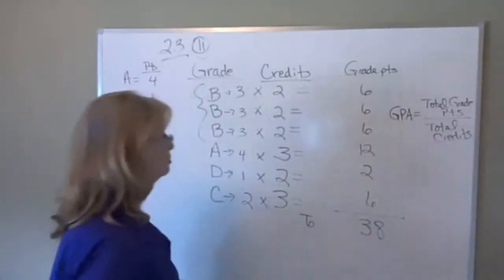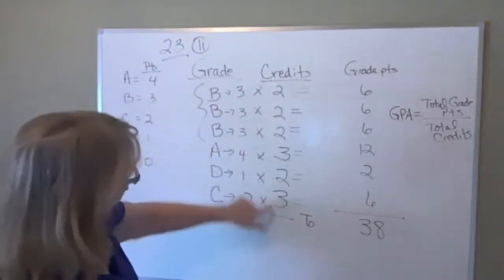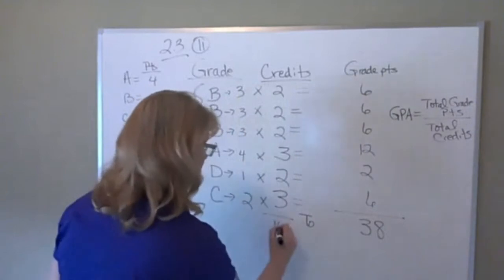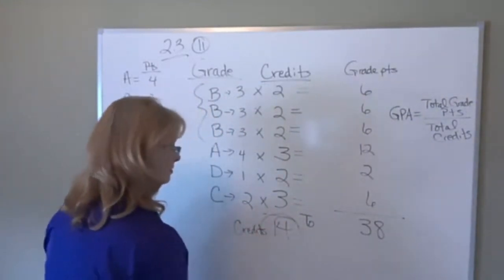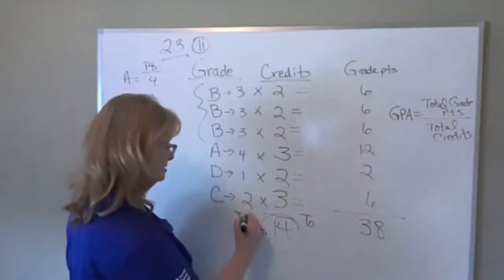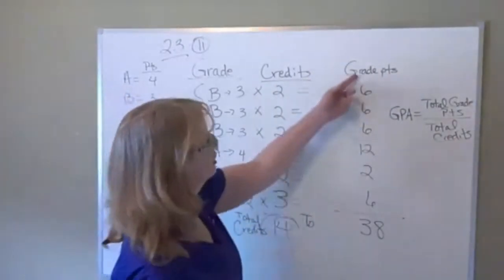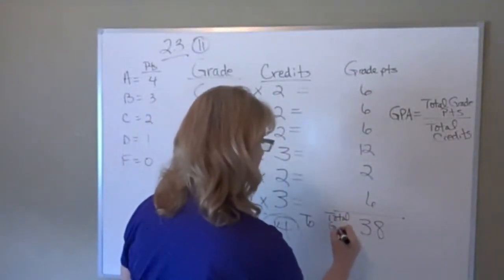We have to take those total grade points and divide by the total credits. So the total credits were 2, 4, 6, 9, 11. This person took 14 credits total. This is your total credits. And with those 14 total credits, they earned this many total grade points.